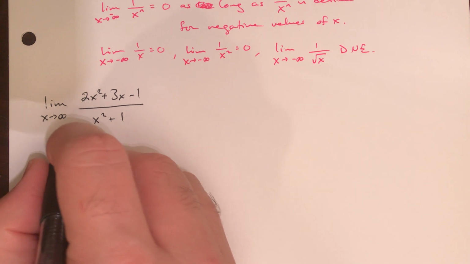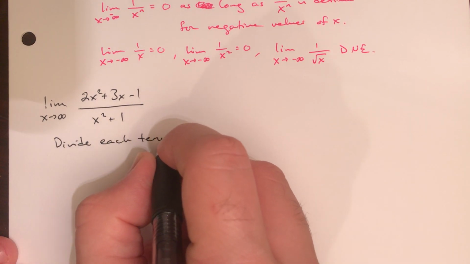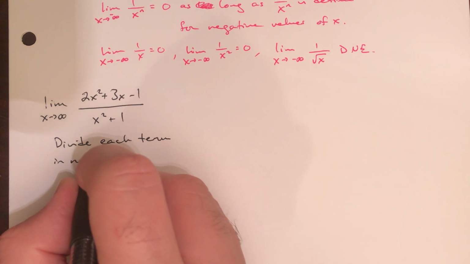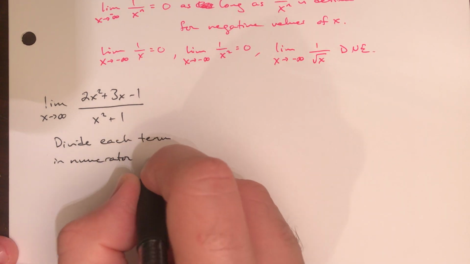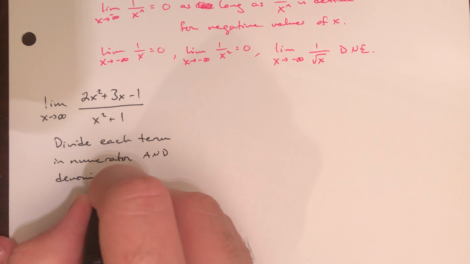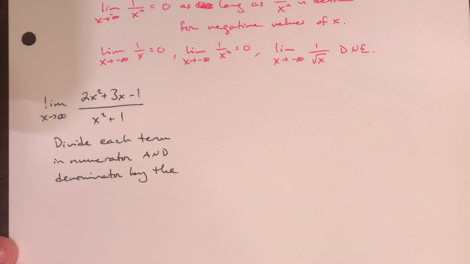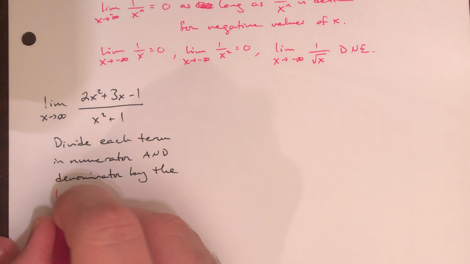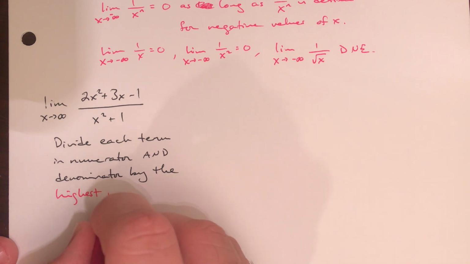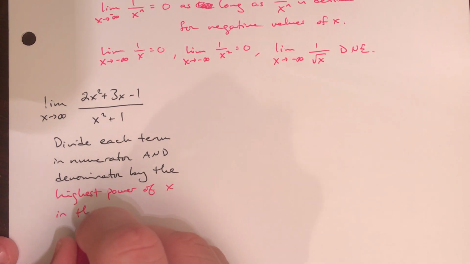And we're going to divide each term in the numerator and denominator by the highest power of x in the denominator.